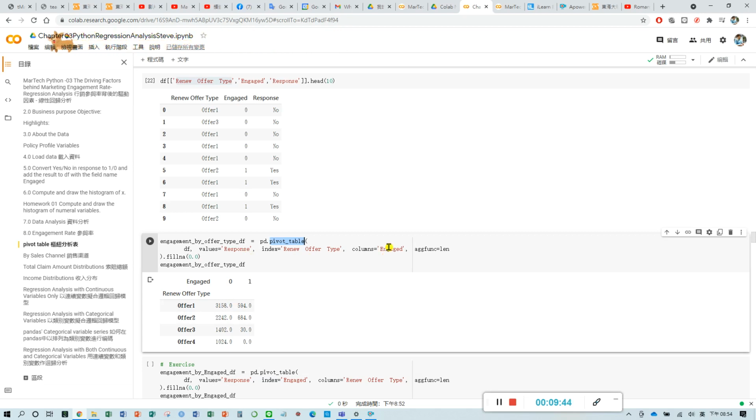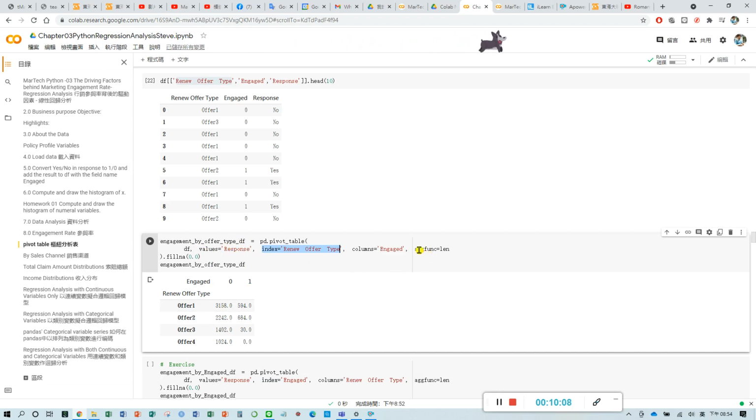So let me explain again. We use the renew offer type as the index, which is the row variable. We use the column with the engaged type, and we calculate the value for response.